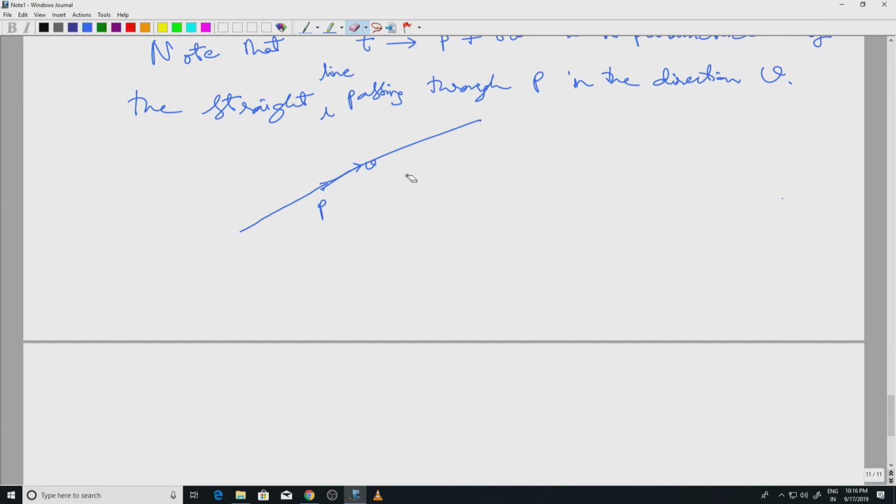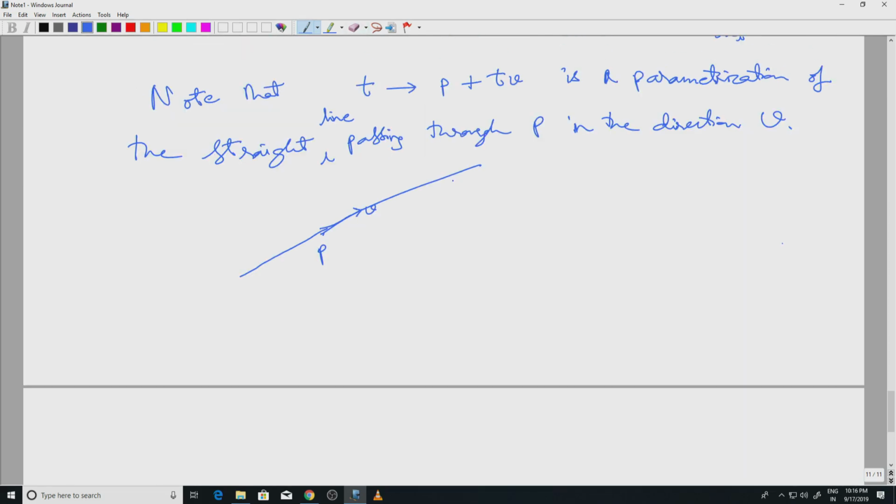now there is nothing special about the straight line. Given this point p and a direction v, from one point of view there is nothing special about the straight line. After all, what is its feature? When t is 0, this p plus tv is just equal to p.